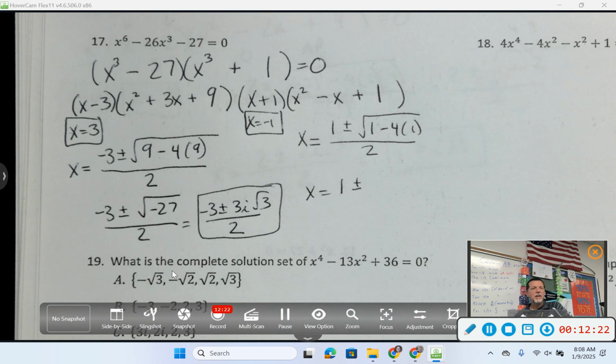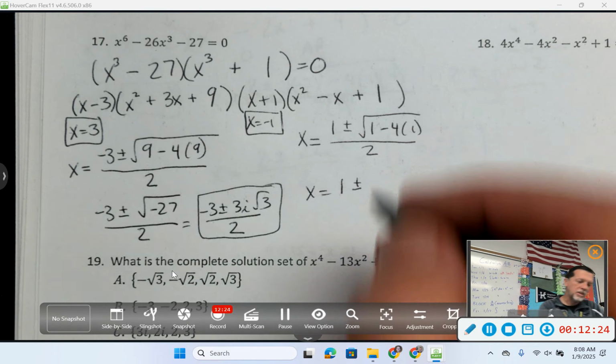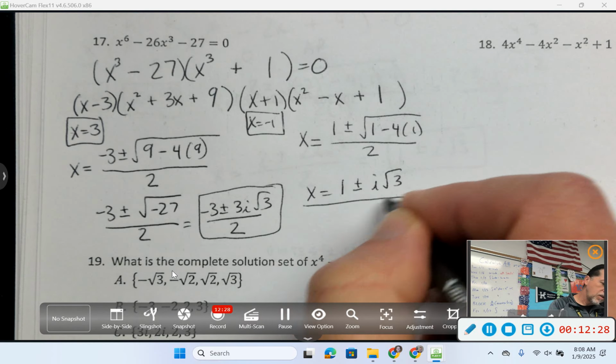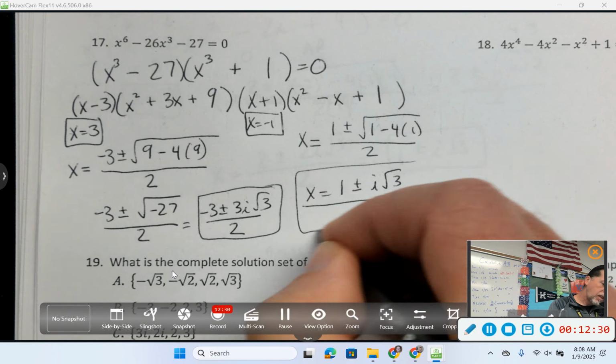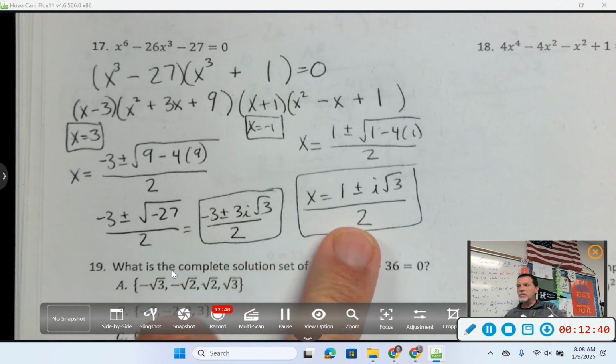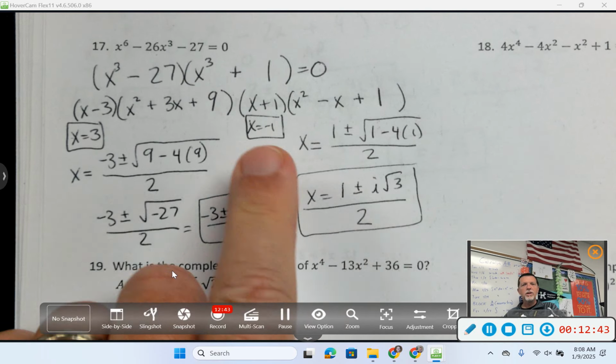Minus 30. i root 3. Yep, I'm good with that. i root 3 over 2. One last check. Is that 6 answers? 6. Yep, because those plus or minus, those are 2 each. So 2, 4, 5, 6.